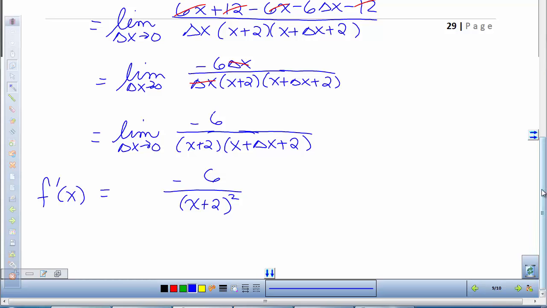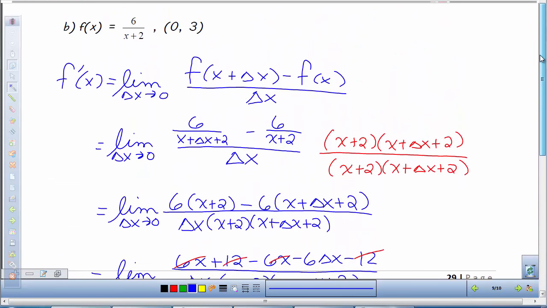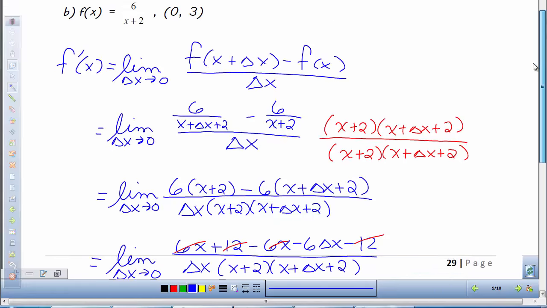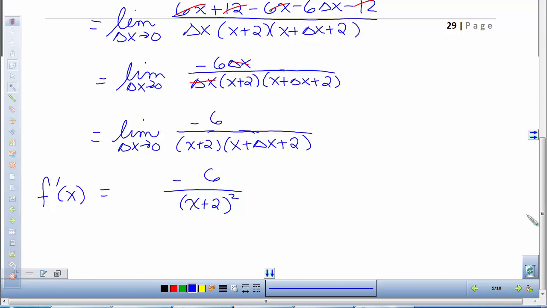Okay, now we want to go on and find the equation of the tangent line at the point 0, 3. So the first thing I need to do is figure out what my slope is at 0, 3. So I'm going to write m at 0, 3. I want to find the slope at 0, 3. Okay, to do that, I'm just going to plug in 0 into f prime.